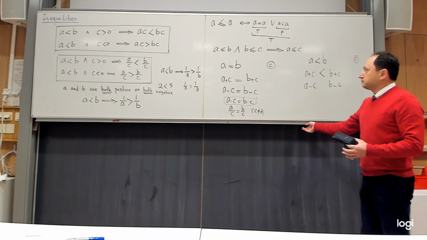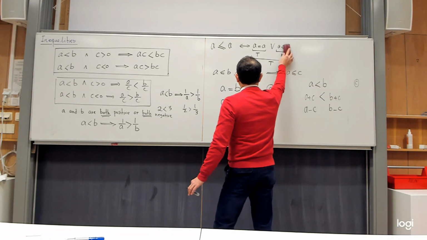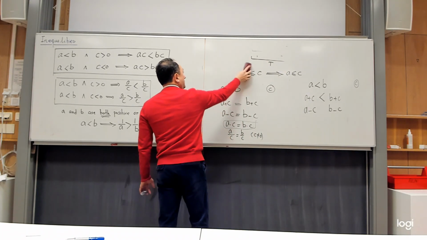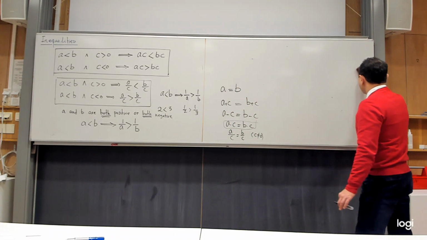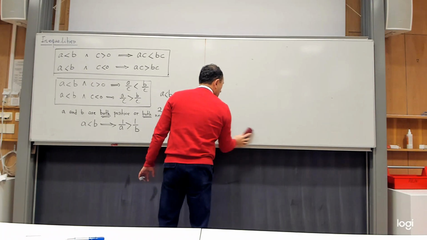Okay. Let me now discuss two equalities to see what those properties are. Just draw your attention to them. So if I have two equalities, what can I do with equalities?